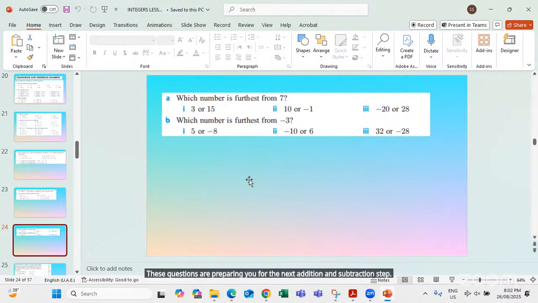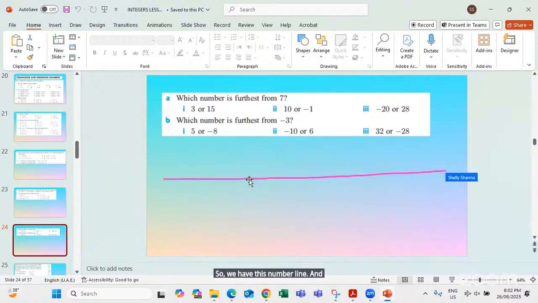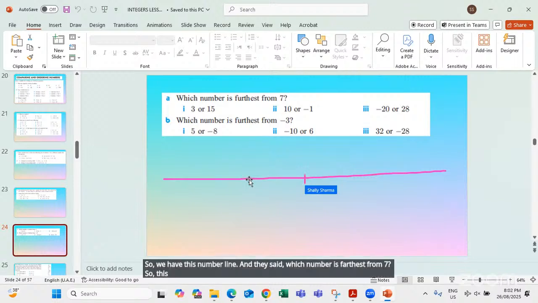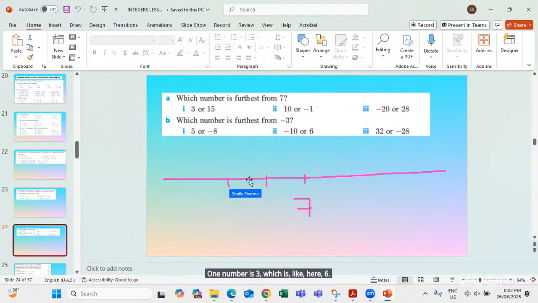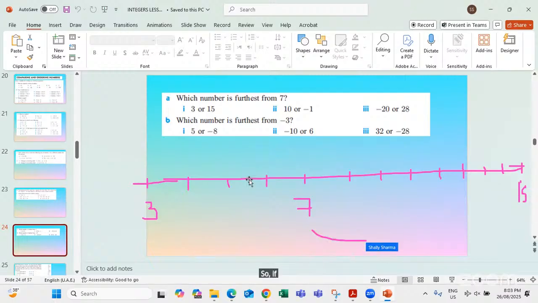So we have this number line. And they said which number is farthest from 7. So this is 7. One number is 3, which is like here 6, 5, 4, and 3. And another number is 7, 8, 9, 10, 11, 12, 13, 14, 15. So if I do 7 plus 8 steps, I reach 15.